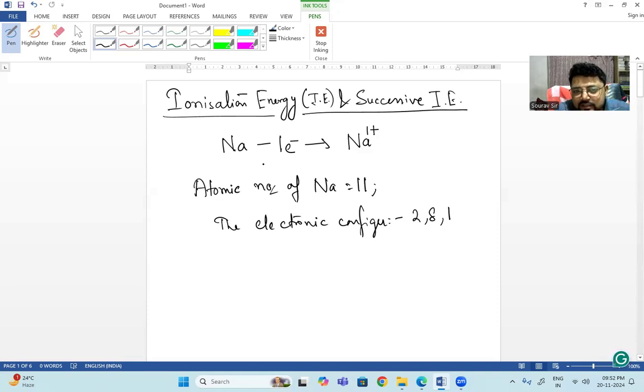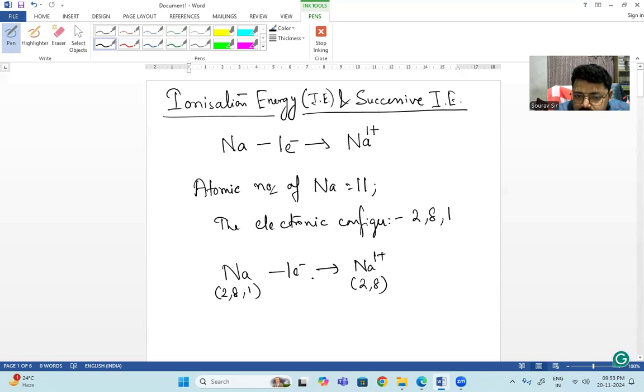As sodium releases one electron from its outermost shell, it gains an octet, that is, the nearest noble gas configuration, which is neon. This first ionization energy tells us a lot of things about an atom. Sodium with 2, 8, 1 will release an electron to form Na+, which has a configuration of 2, 8.